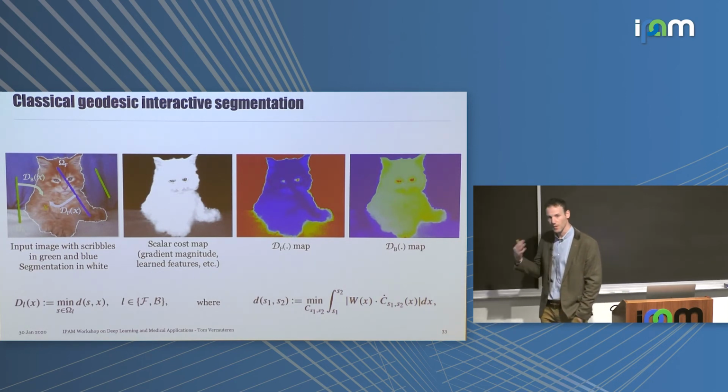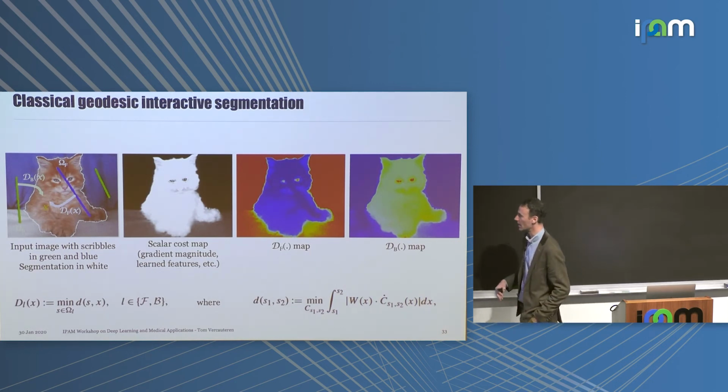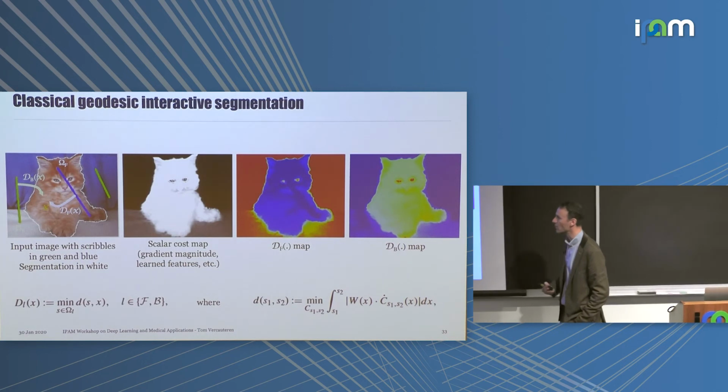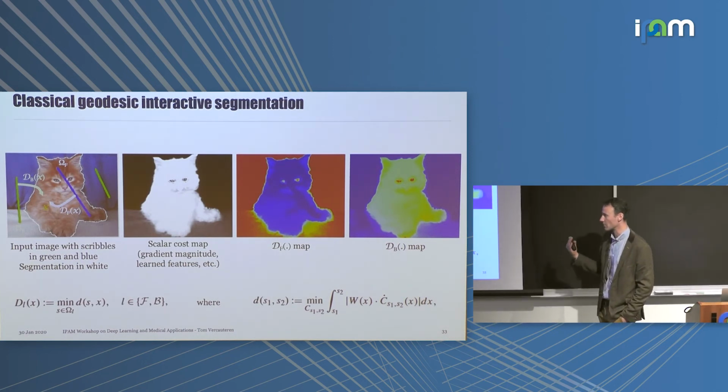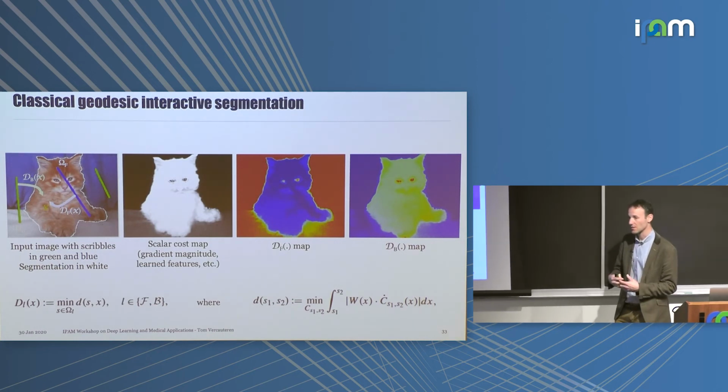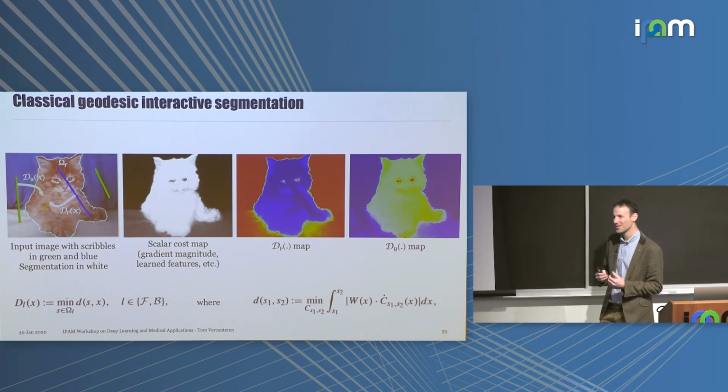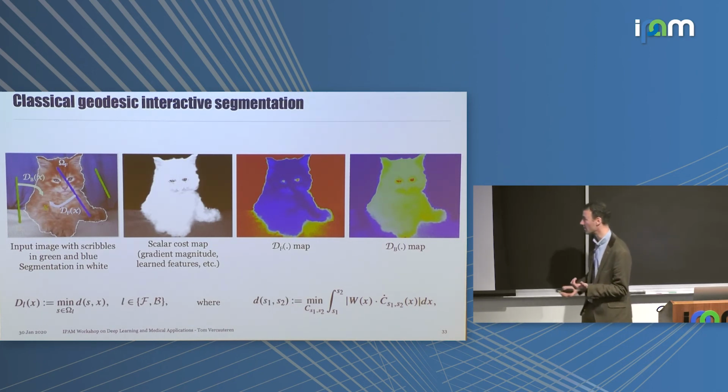If you think of these scribbles, one effective way of dealing with them for segmentation is to compute the geodesic distance from every pixel in the image to the scribbles, and compare whether it's closer in terms of geodesic distance to a foreground scribble or to a background scribble.